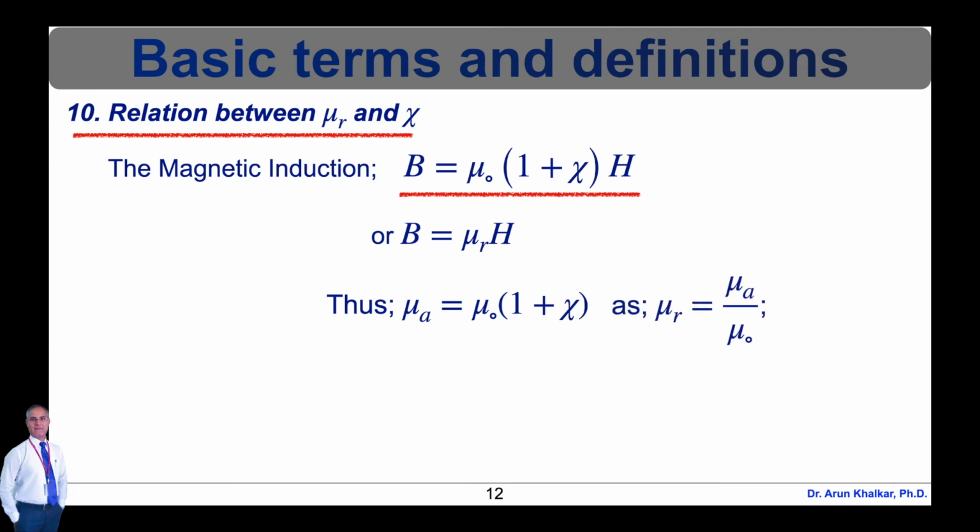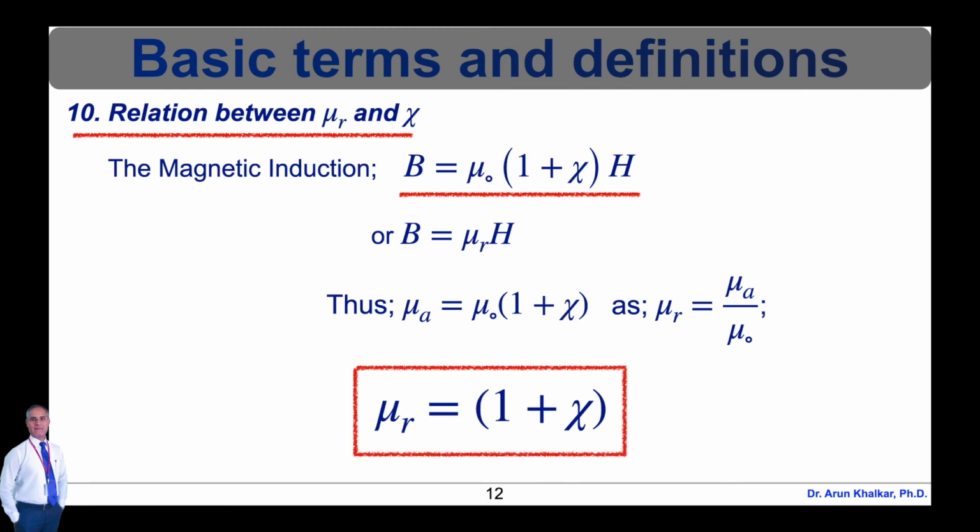As we know that relative permeability mu r is equal to absolute permeability mu a divided by permeability of free space, that is mu naught. Therefore, we can write the relative permeability mu r is equal to 1 plus Xi. So this is the relation between relative permeability and magnetic susceptibility.